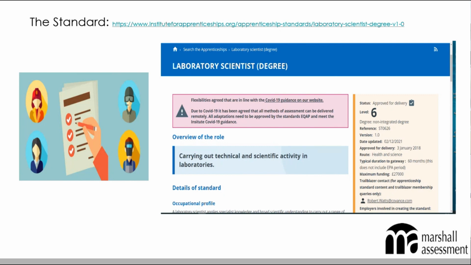And what you can see, and I'll share this slide deck with Lucy at the end, is that there's a hyperlink up here that will take you to that page where that apprenticeship standard is stored. So if you wanted to have a look at the particular knowledge, skills and behaviours assigned to this particular apprenticeship standard, you can follow that link to the government website and you can have a look at those.